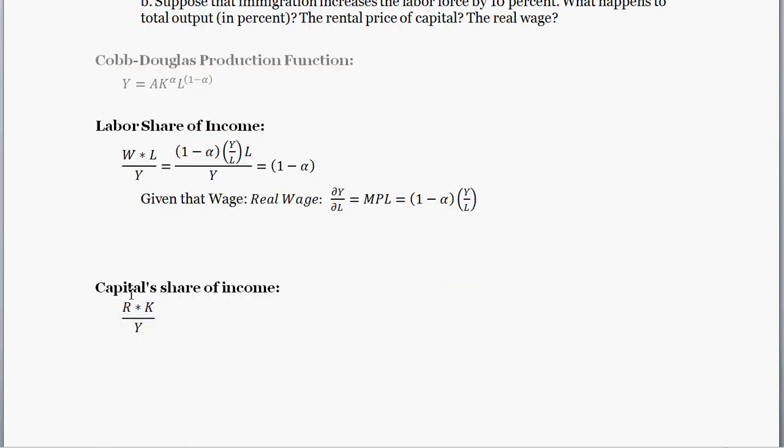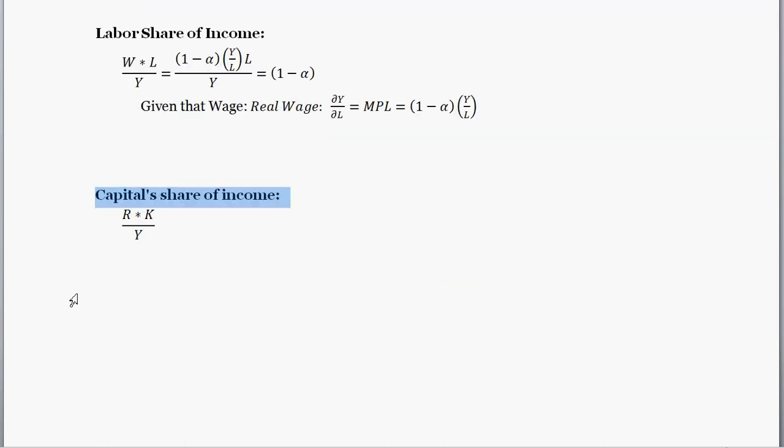Great, good job. Okay, so now let's do the capital share of income. So the capital share of income is going to be the rental rate of capital times the quantity of capital divided by total production. So what's R? That's the rental rate of capital, which is equal to the marginal product of capital.